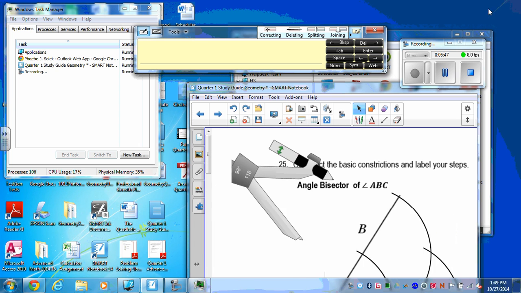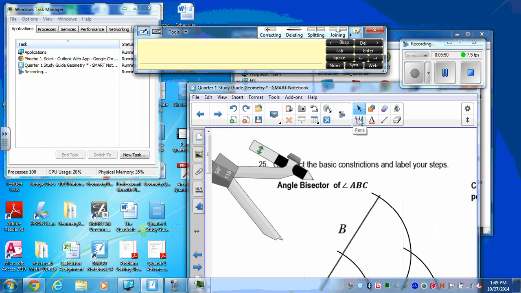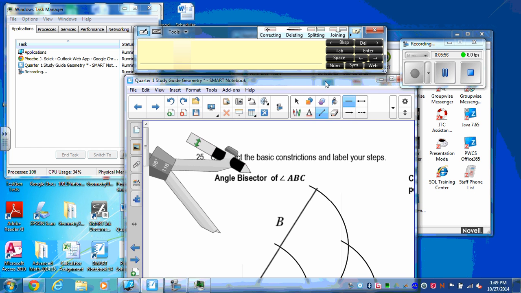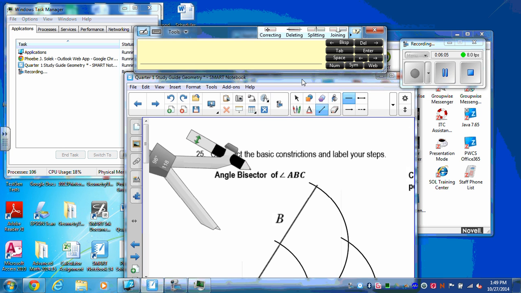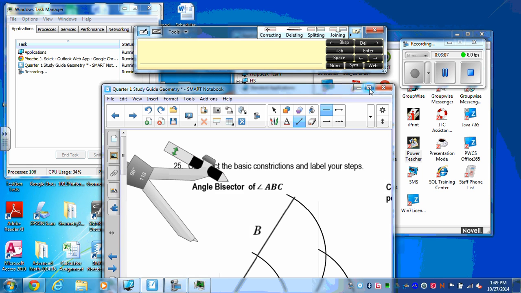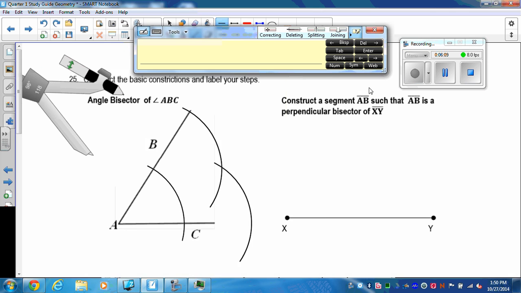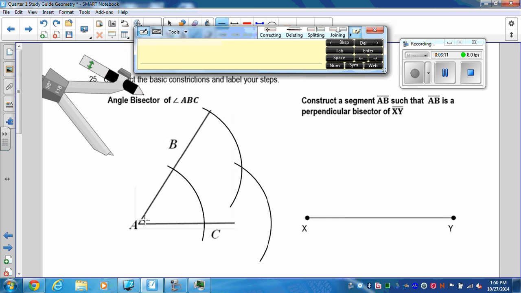Here's my pencil. I actually want a straight line. I'm having a little trouble with this piece here in the way. Too many things open. So here is my straight line.